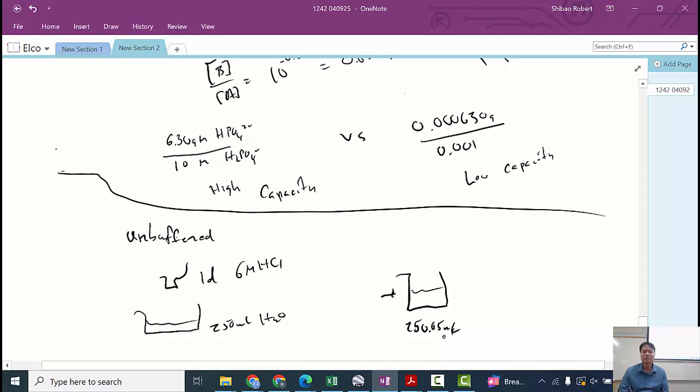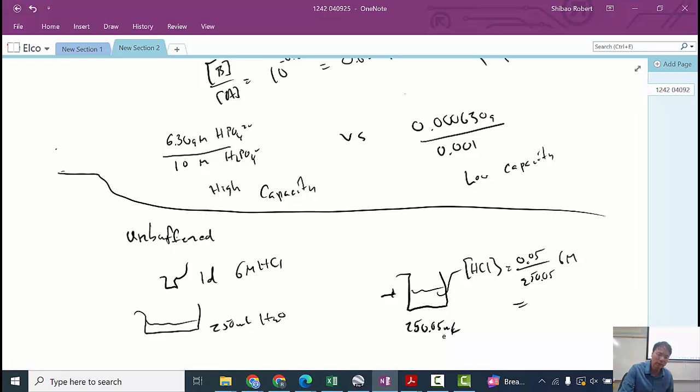Then I have to do solution dilution. My new concentration of HCl is going to be 0.05, which we're going to call 1 drop, over 250.05 dilution of 6 molar. So 0.05 divided by 250.05 times 6 means my new concentration of HCl is quite small. It's 0.001199 molar.